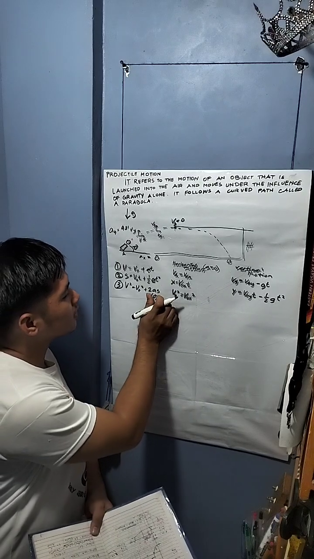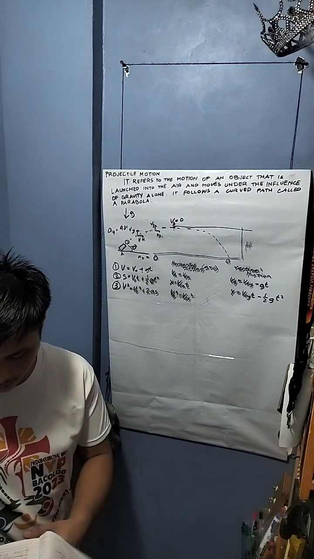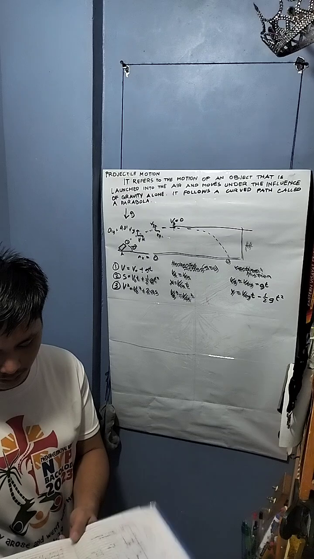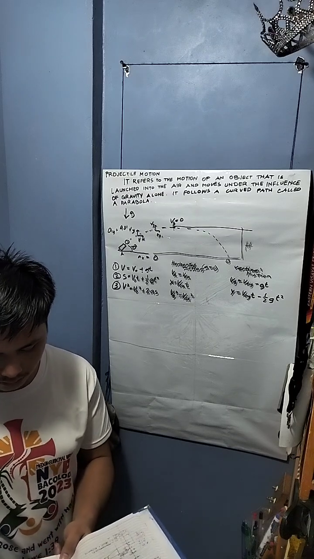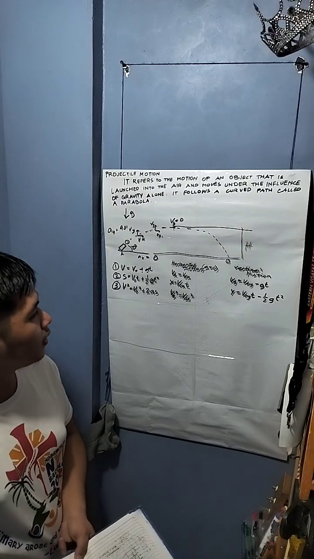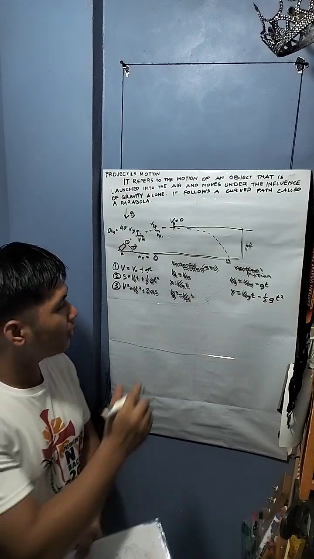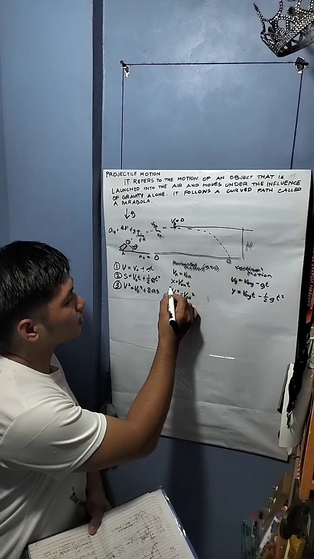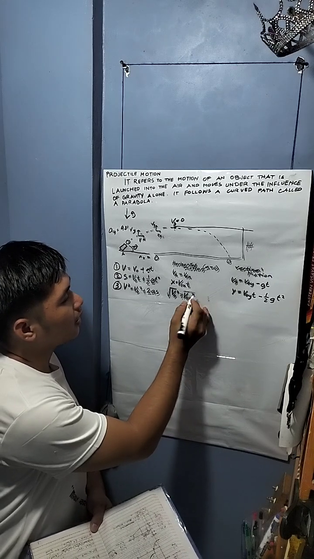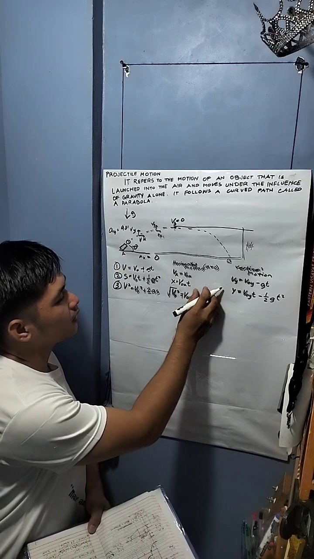That means that our V is just equal to V naught x squared. Since we have both sides squared, we can actually take the square root of both sides and cancel the squares.